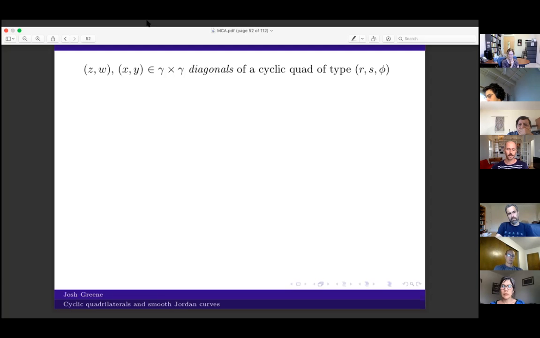Kind of like what we were doing a couple slides ago. So we're taking 2 pairs of points on gamma cross gamma and asking whether those could be diagonals of a cyclic quad of the desired type.